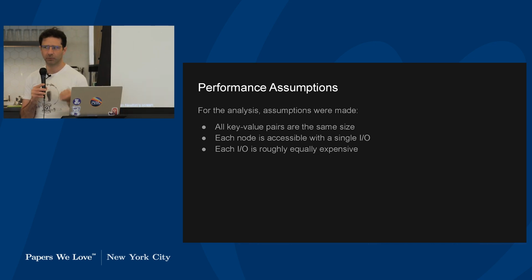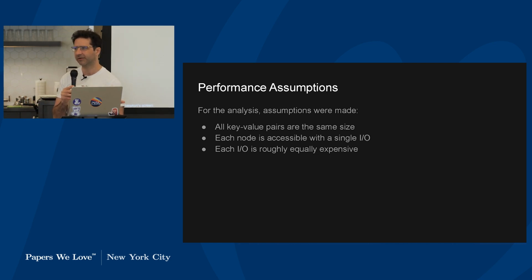Specifically, the equations on the next slide were done under the assumption that all key value pairs were the same size. If you want to use different ones, it's definitely doable. It's just left as an exercise for the reader. Each node is accessible with a single I/O, so you're not seeking around disk and reading different chunks. It's just one sequential read. And each I/O is roughly equally expensive.